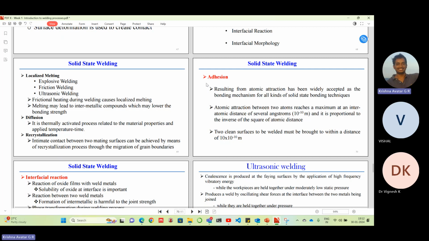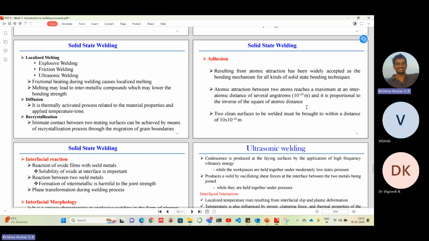And in solids, there is this adhesion. Adhesion could result from atomic attraction, which is the bonding mechanism for any kind of solid state bonding technique. As we recall from the energy, you may have heard of the atomic energy potential between, say, the nucleus and the electron, or likewise between two atoms.